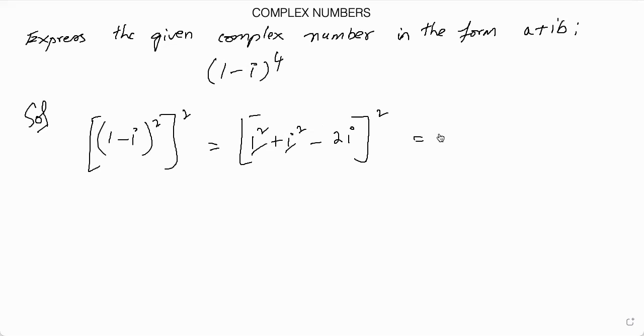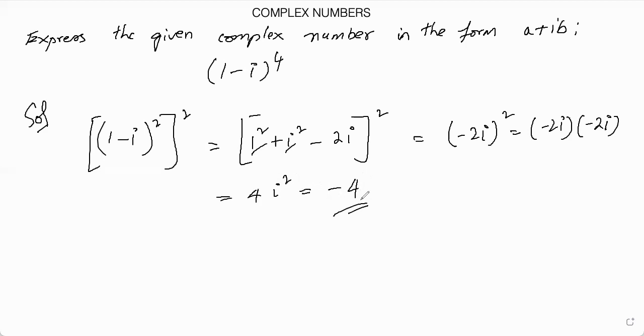So you'll have only minus 2i square, which can be written as minus 2i into minus 2i, which is 4i square, or minus 4.